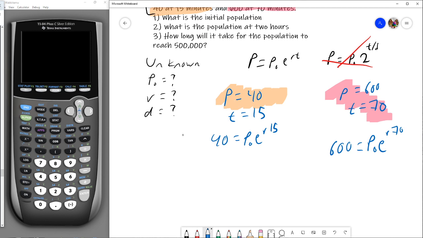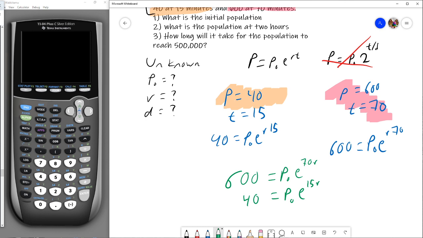And now my technique that I want to show you is the following. I'm going to rewrite our equation here with the larger values, and put the other equation right below it, in order to solve this system of equations. I formed a system of equations because we have two unknowns, P naught and r.